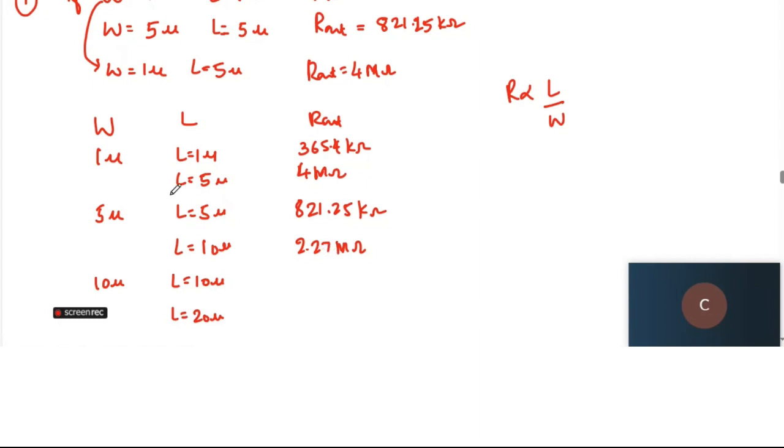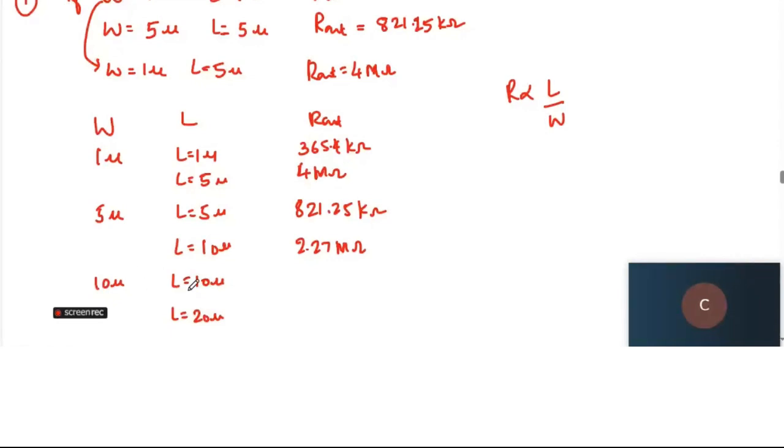Now see, the ratio here, L by W, was 5. That's why it was even more. Whereas here, though L became 10 micro, which is greater than 5 micro, on top of that your W also varied. That means L by W became only 2. And that's why your resistance is somewhat lesser than the 4 mega ohm you got earlier.